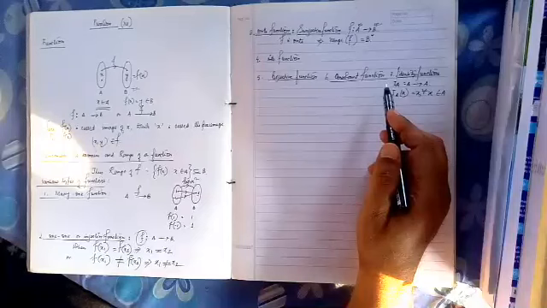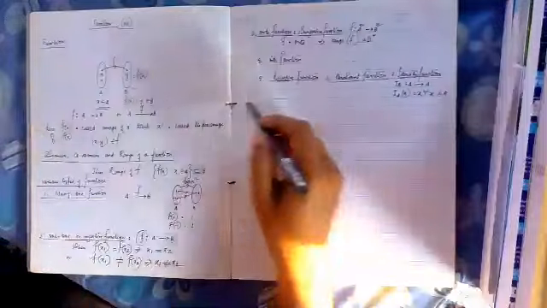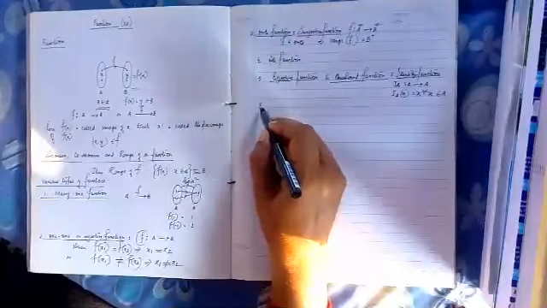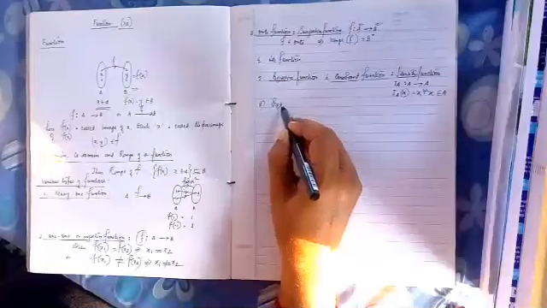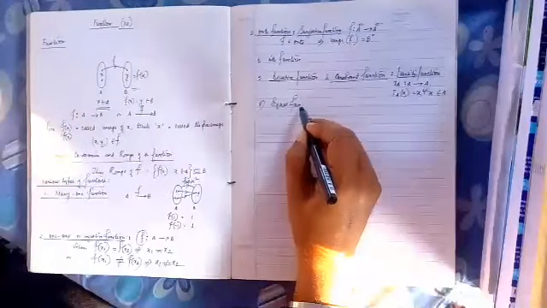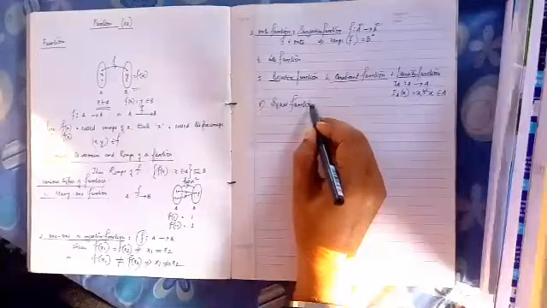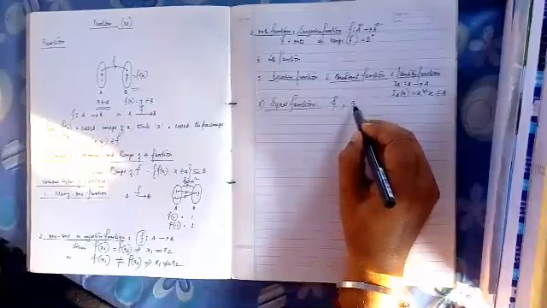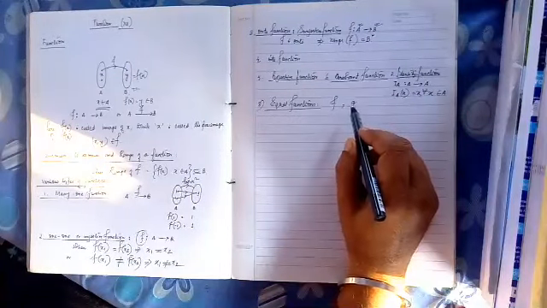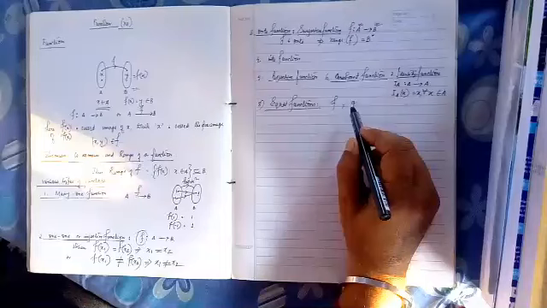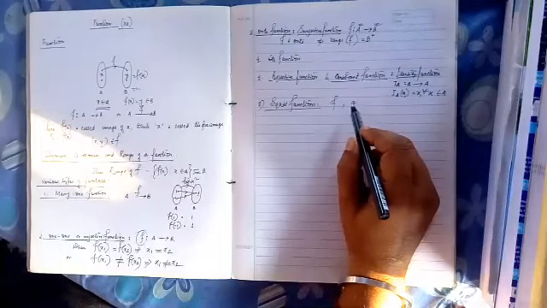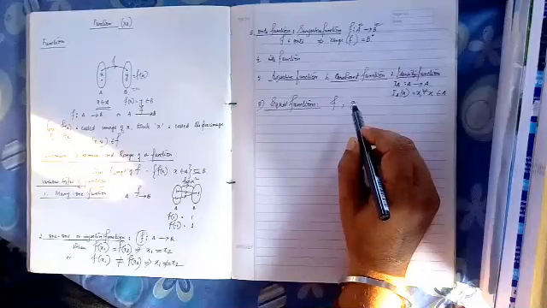Equal functions. Two functions f and g having the same domain D are said to be equal.